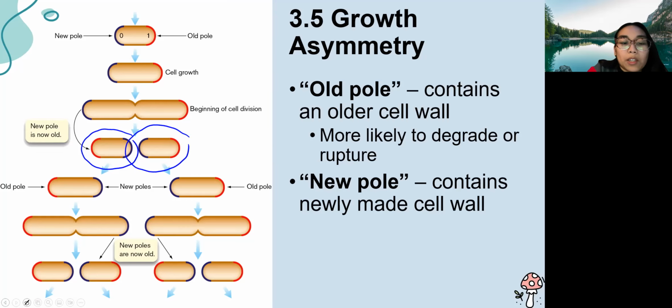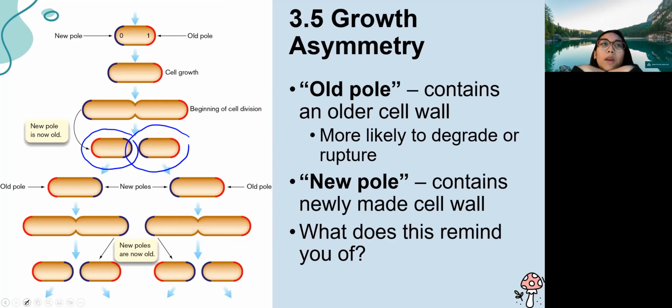Where else have you seen this in biology where we've got one thing, we duplicate it, and the two things that you make have an old and a new component? Okay, like I said, you pause the video. All right, moving on.